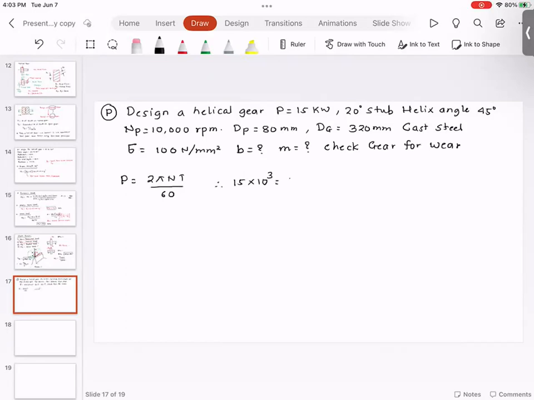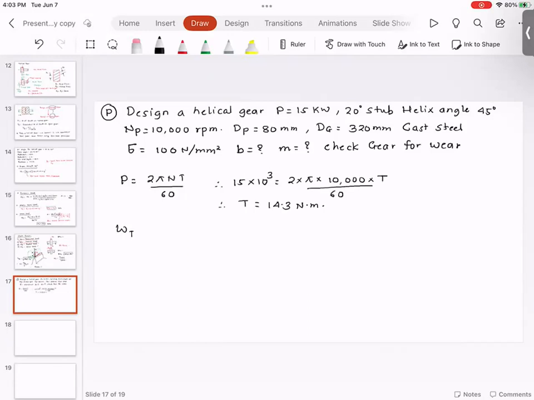Two times pi times 10,000 t divided by 60. So torque is 14.3 Newton meter.